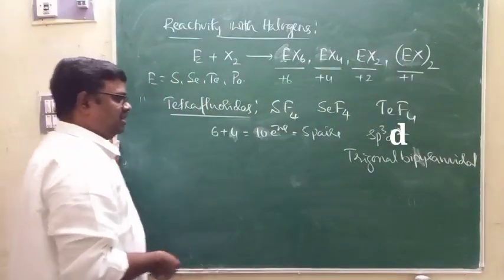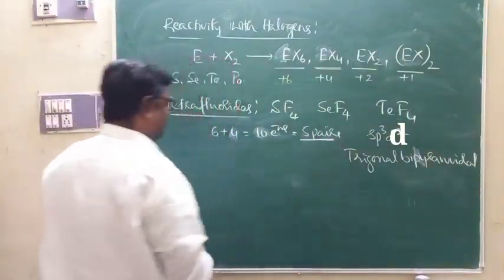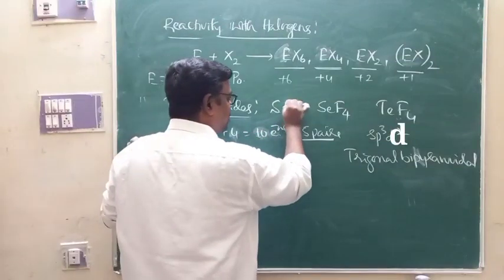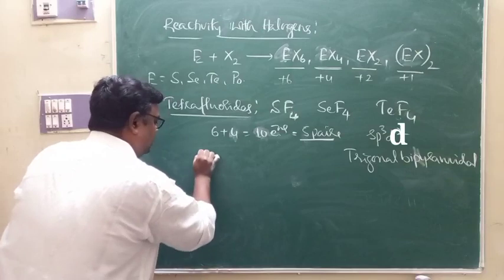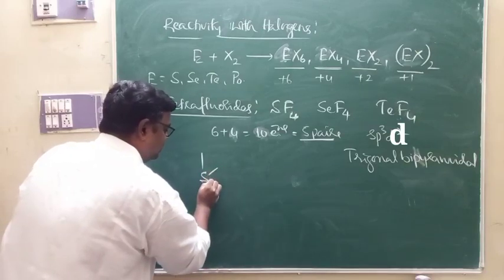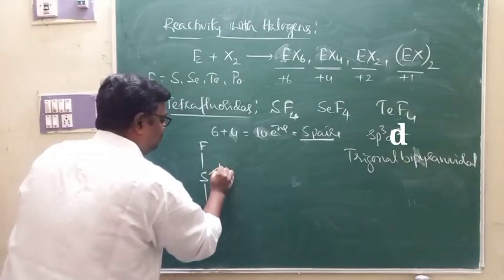So with 5 pairs and 4 fluorine atoms in SF4, sulfur is attached to 4 fluorine atoms through bond pairs.